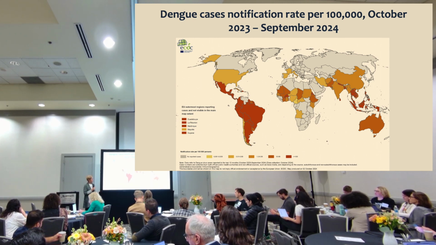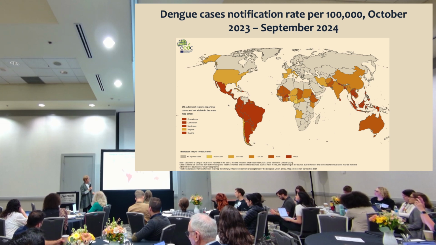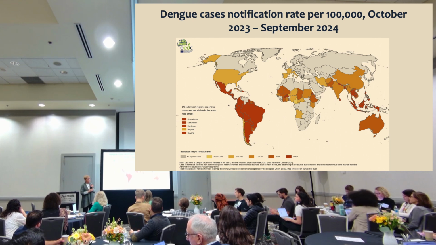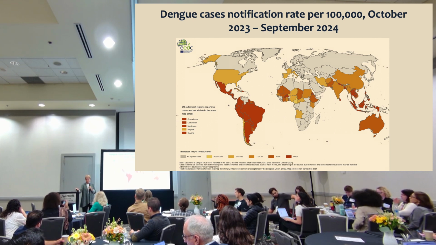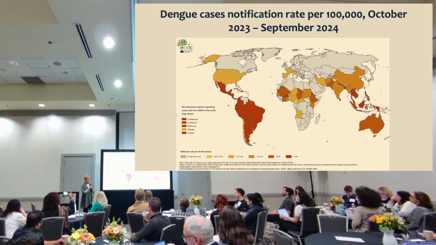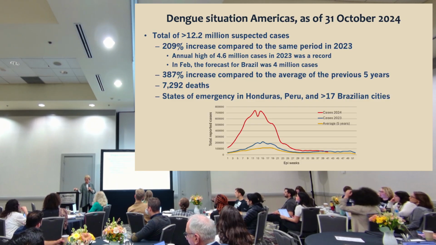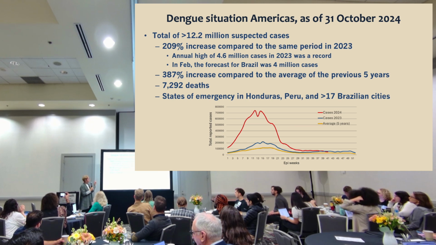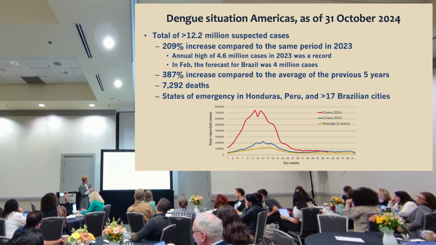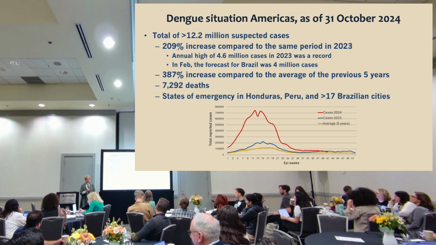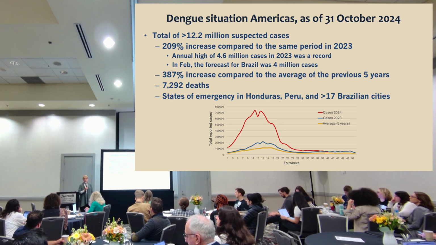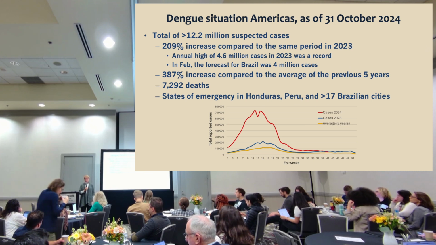The darker red are places with much higher numbers of cases, which is pretty dramatic in how many places are reporting higher dengue fever. It's particularly bad in the Americas. So this is the situation at the end of October. Last year, there were about 4 million cases total reported. We're over 12.